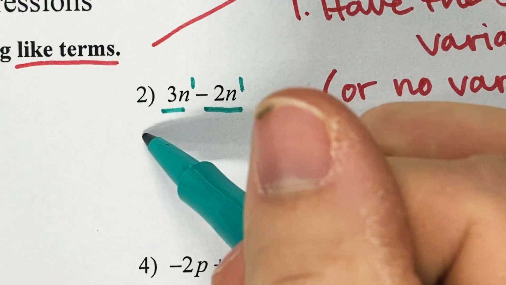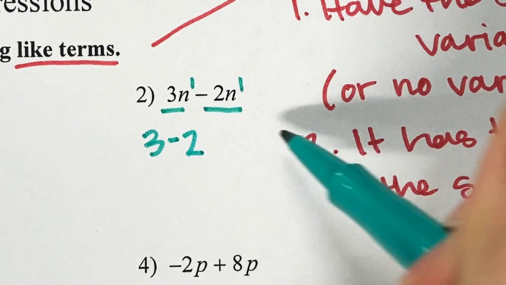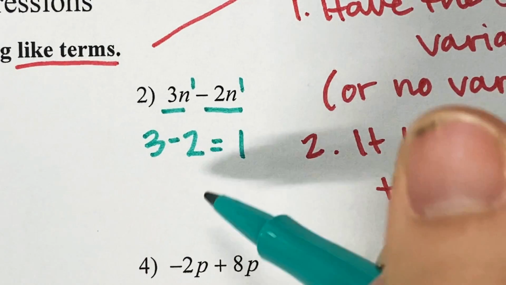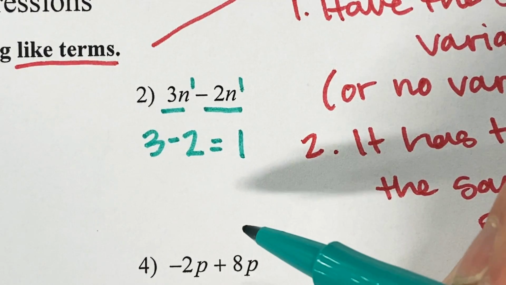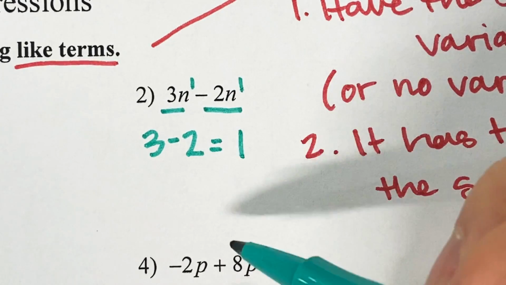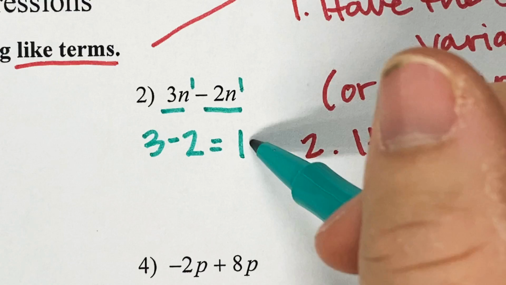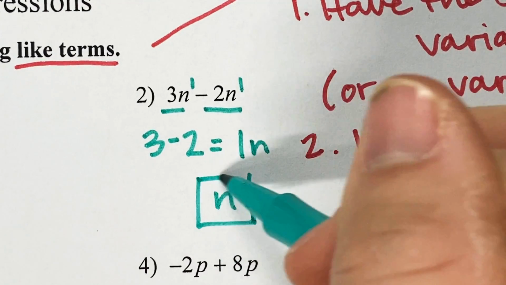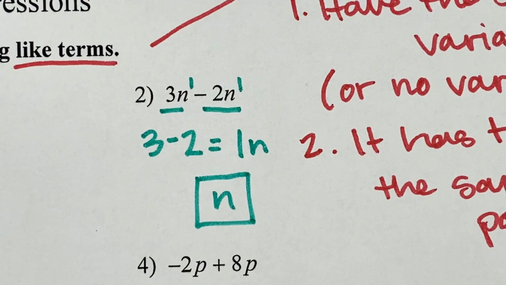So we can just say, what is 3 minus 2? That's going to give me 1. Do we have to write the 1 in front of our n? This is saying I have 3 n's. I'm subtracting or taking away 2 n's. I have 1 n. Because we don't have to write that 1, it is just n.